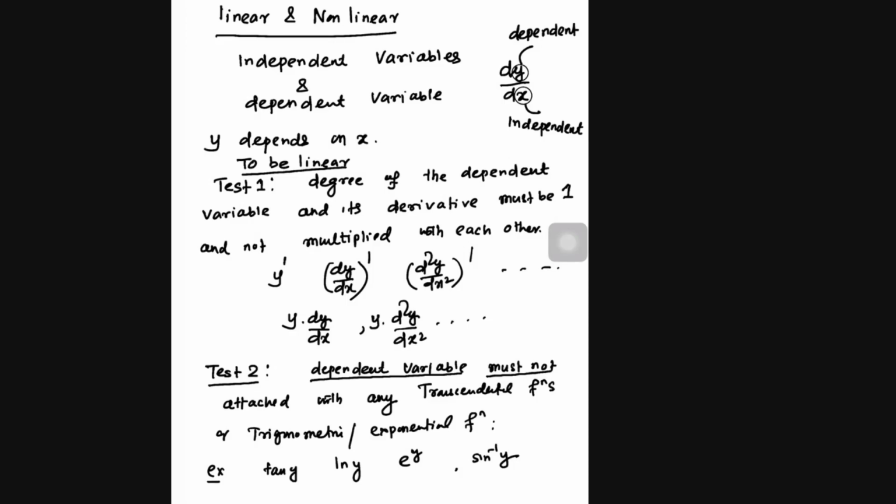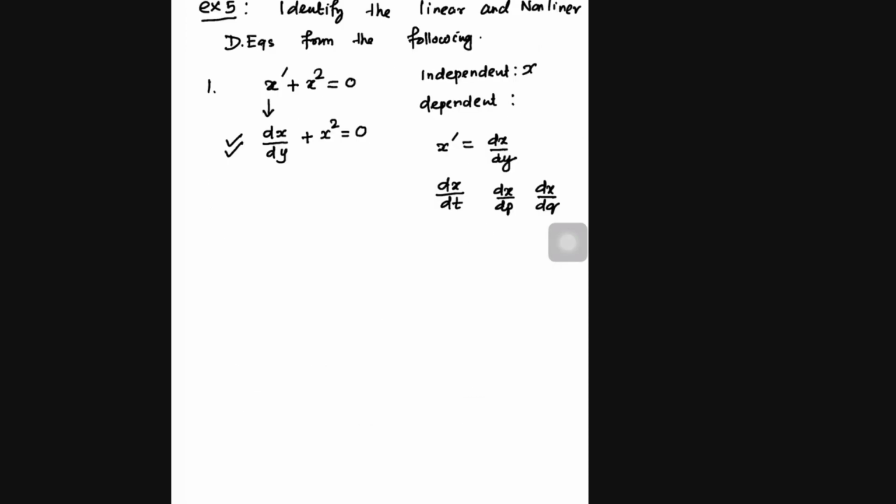So the dependent variable is x and the independent is y. Yes. So now say it is linear or non-linear. It is linear. Yes, it is linear.